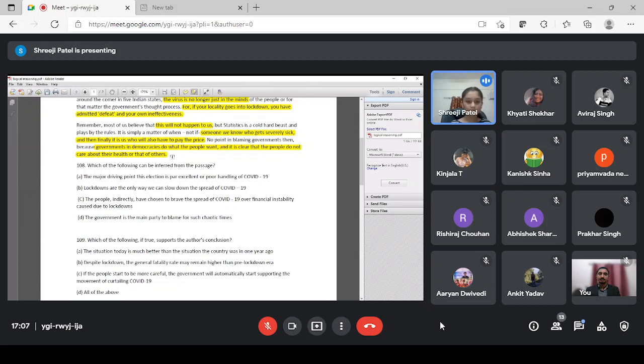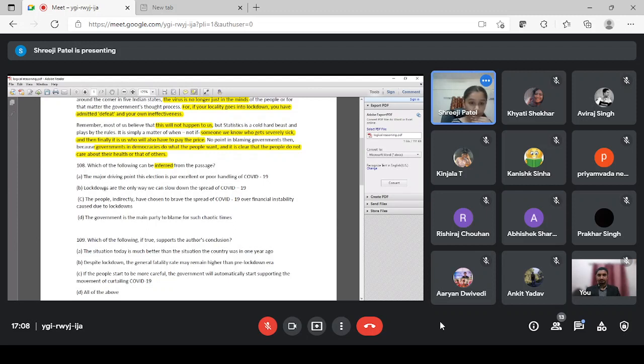After we finish with the passage, we need to focus on some concepts that are usually asked, like what did you infer from the passage. So this is the question, and if we try to attempt these four options, we need to keep in mind that we don't take an option that is really beyond the passage, that was not even talked about in the passage.